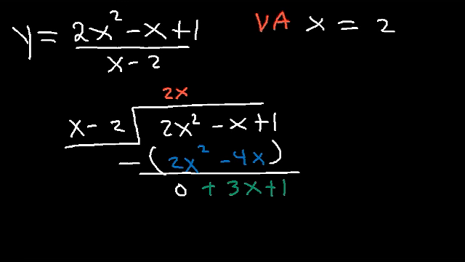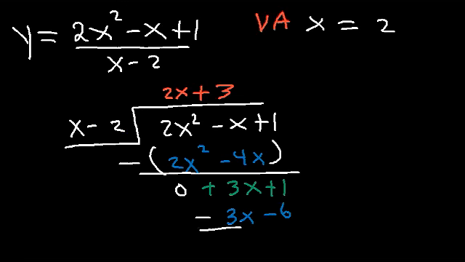So now let's divide. 3x divided by x is 3. 3 times x is 3x, and 3 times negative 2 is negative 6.